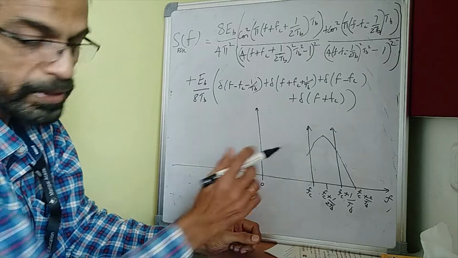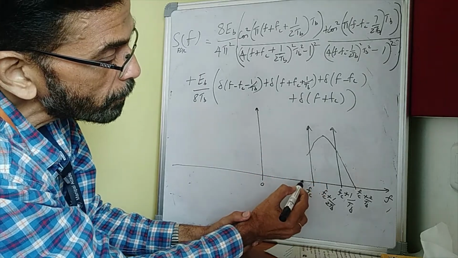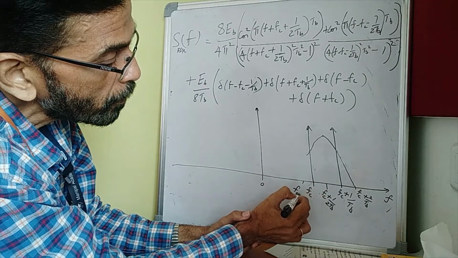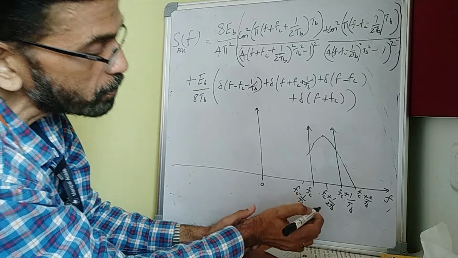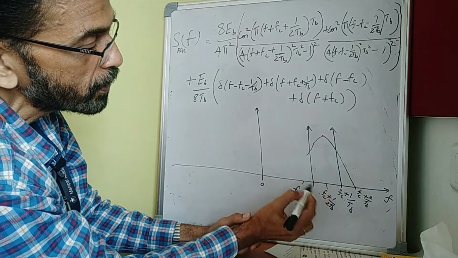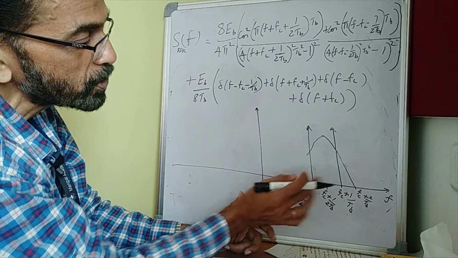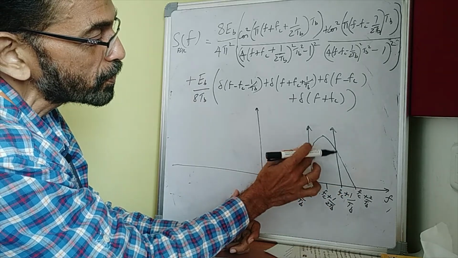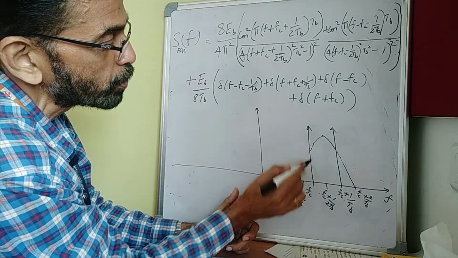And when f is equal to fc minus 1 by TB, so this will be 1 by TB. Again, don't worry much about the scales. You can draw a scaled version later if you are very particular about that.